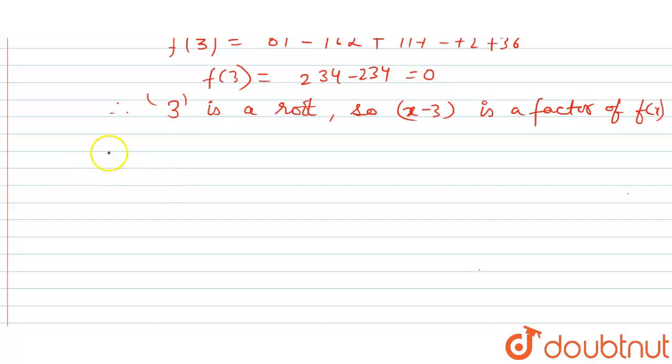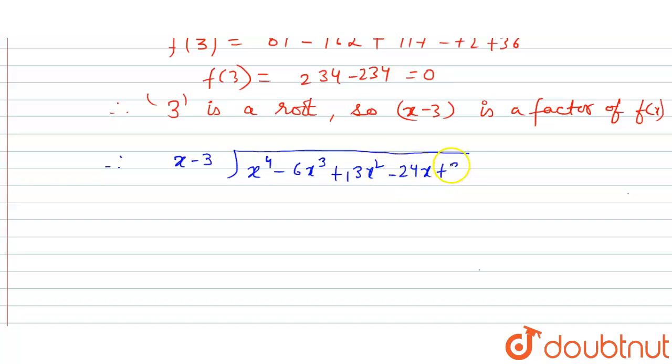If it is a factor of f of x, then it will divide perfectly without any remainder. So now we have to divide our given biquadratic equation by x minus 3 and see what we get. Our biquadratic equation is x to the power 4 minus 6x cube plus 13x square minus 24x plus 36.